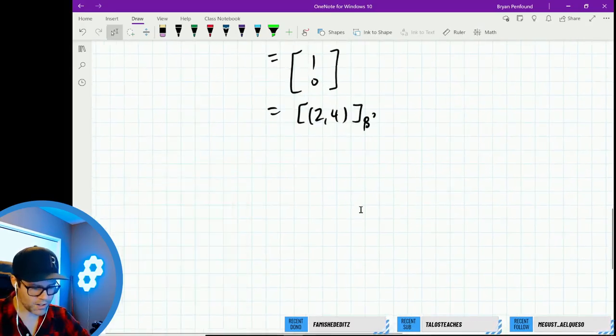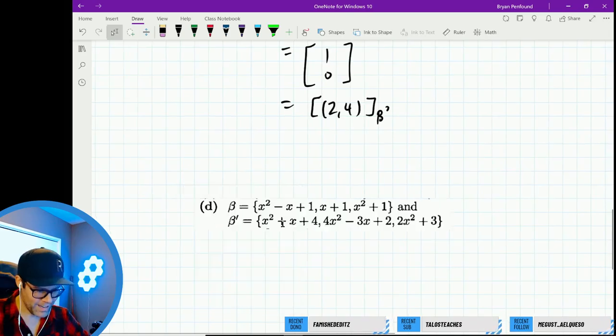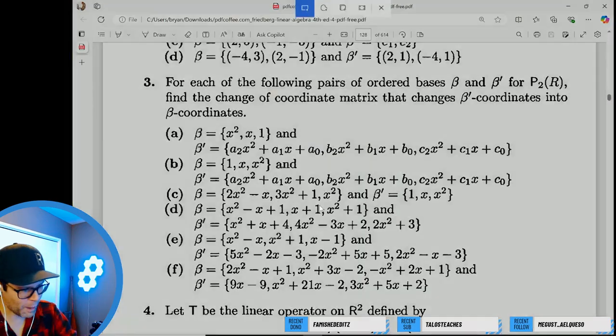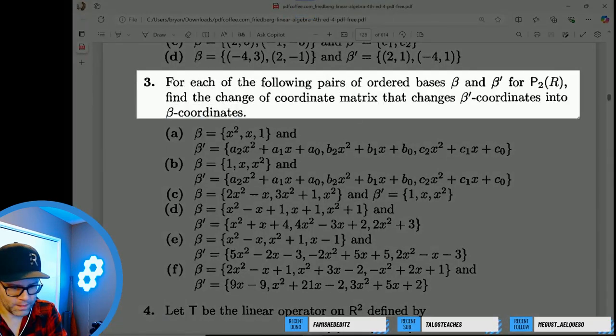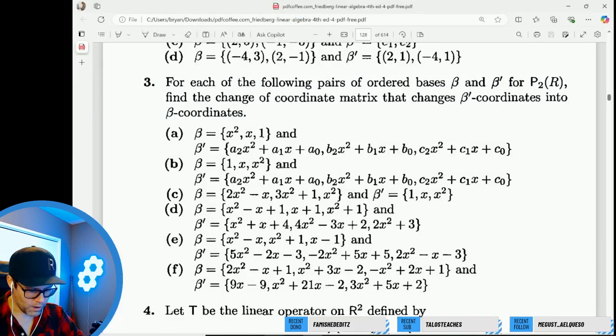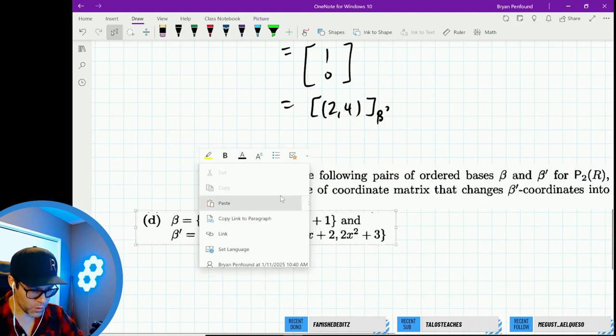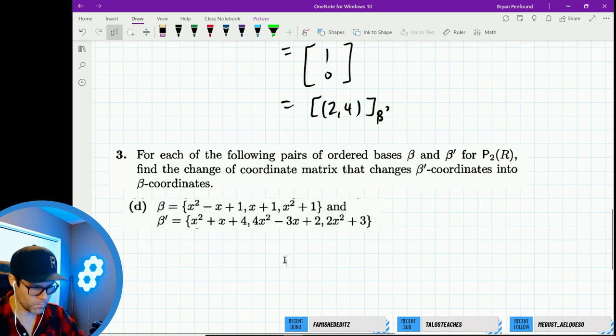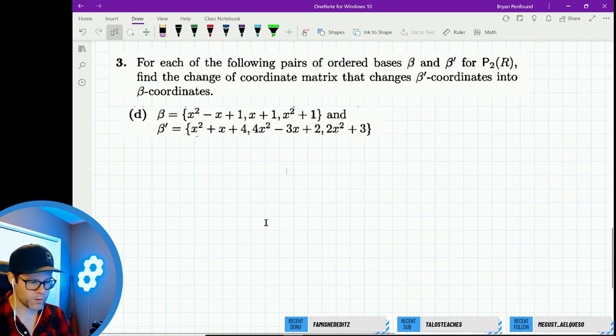If you can master something that's not in R, you know you've got the concept down. And this is in P2 over R, so we're going to get 3x3 matrices as well.